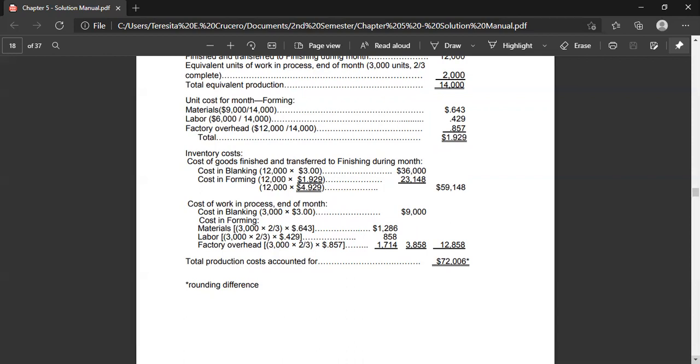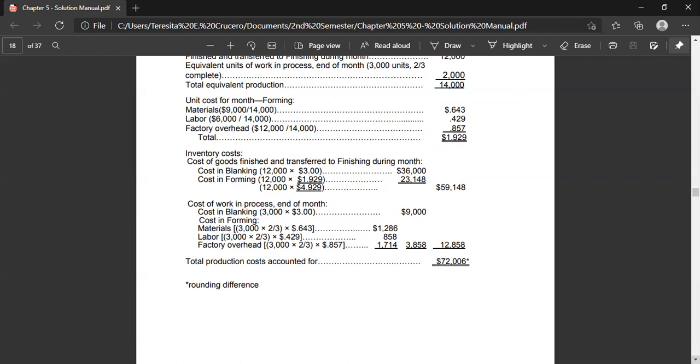Then the cost in forming materials, 3,000 times 2/3 times 0.643. That's for your unit cost. So 1286. Labor equals 3,000 units times 2/3.